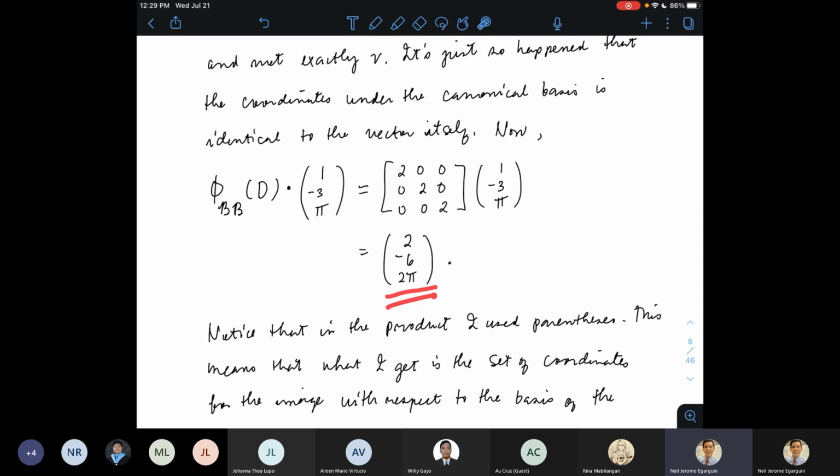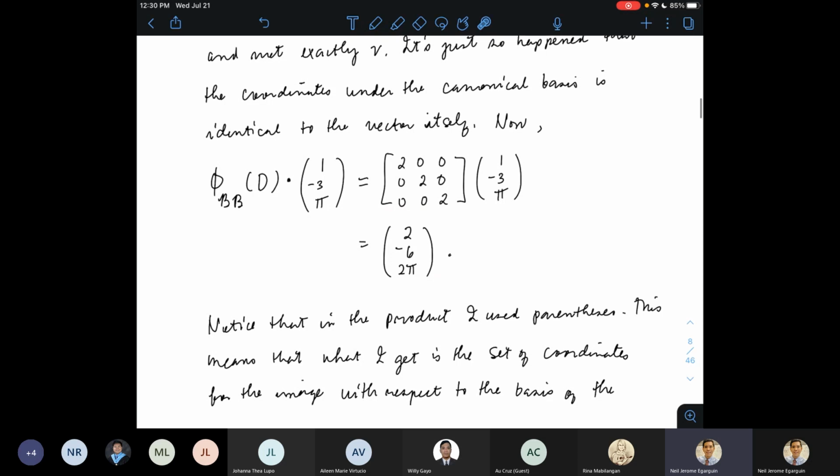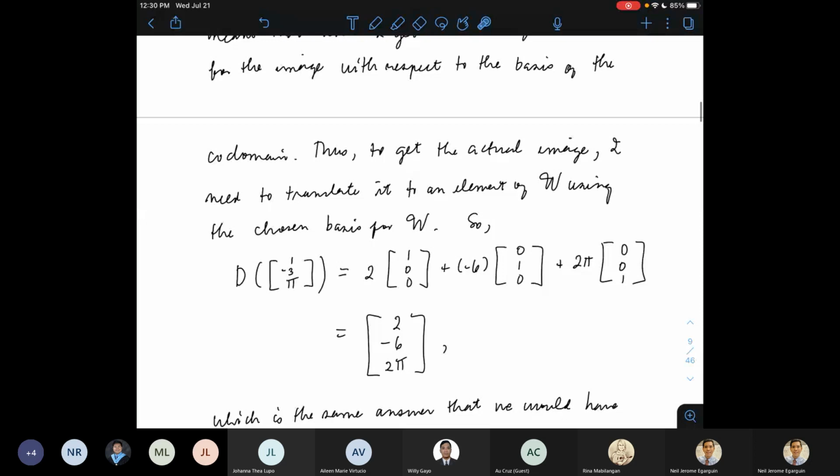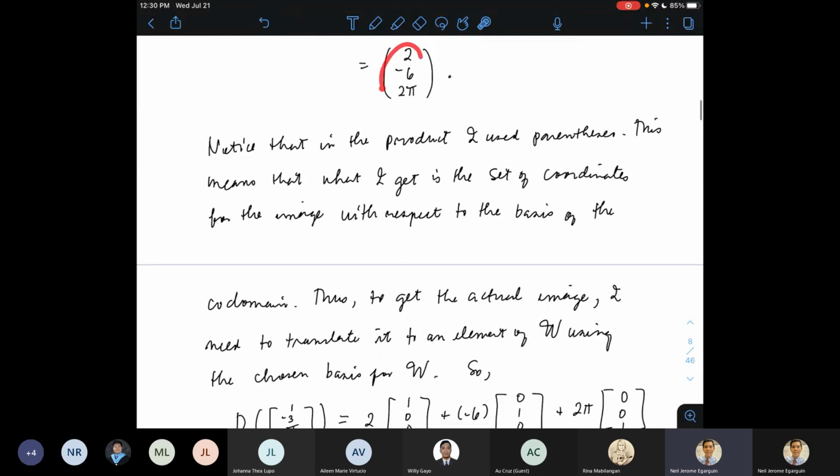But since the numbers 2, -6, and 2 pi are enclosed in parentheses, that means this is not the actual image D of V, but this is the coordinates of the image with respect to the chosen basis. Okay? So hindi to yung final answer as D of V. Ito lang yung coordinates ng D of V with respect to the second basis. Alright? So kailangan ko siyang i-convert. Okay? So siya yung coordinates.